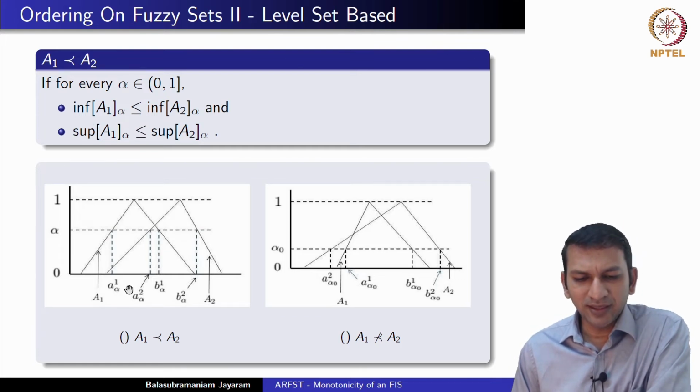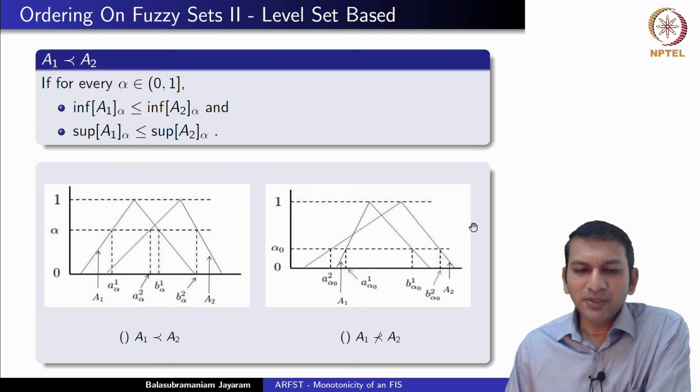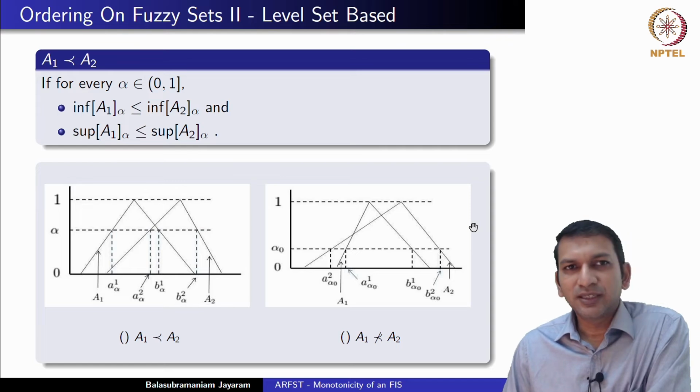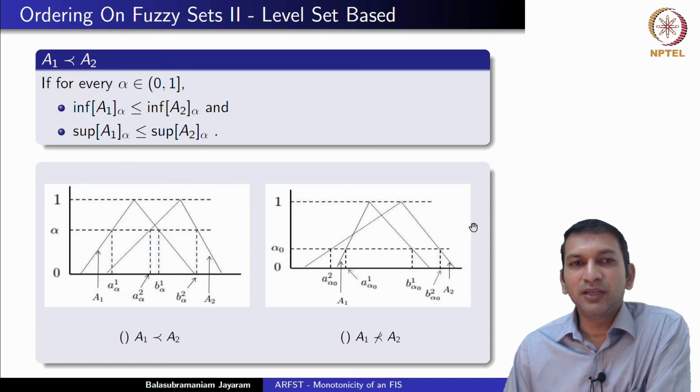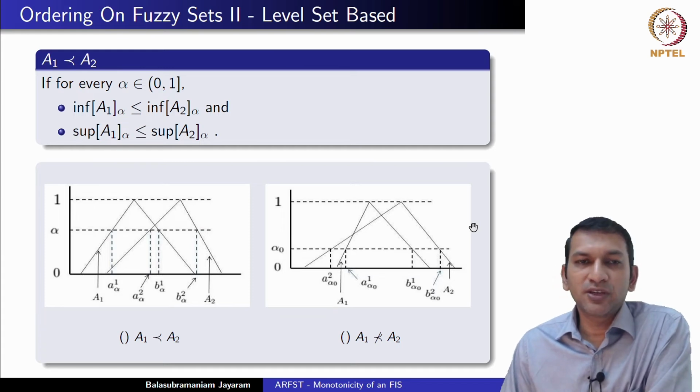In that sense, we see here these two fuzzy sets are in fact orderable with respect to level set based ordering, while these two fuzzy sets are not orderable. And we get an idea that perhaps this is the ordering that is required for us to talk about the relationship between antecedents and consequence when looking into the monotonicity of a fuzzy inference system.